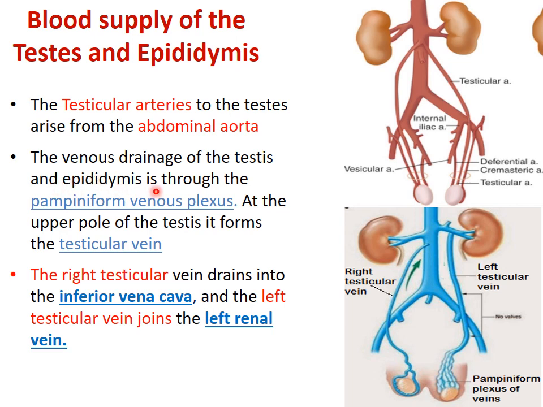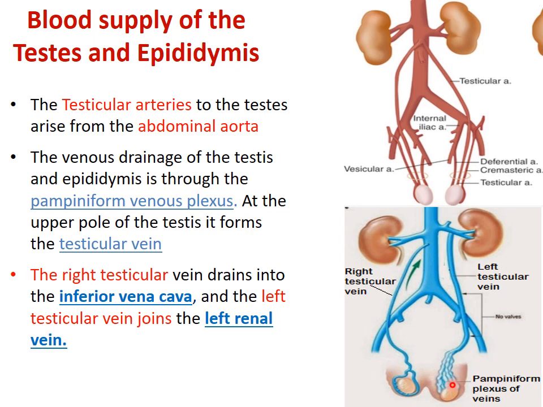Now come to the venous drainage of the testis and epididymis, which is through the pampiniform plexus, a venous plexus. At the upper pole of the testis is formed the testicular vein. Pampiniform plexus means an anastomosis of the veins.